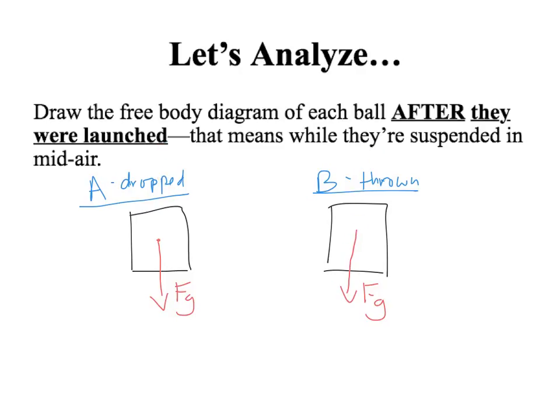Some of you might say there is a normal force, but let's see here. A normal force only happens when there's a surface. Are these objects acting on a surface? No, they're suspended in midair, so there is no normal force here to counteract the gravity. So it's just gravity happening here in the vertical direction.